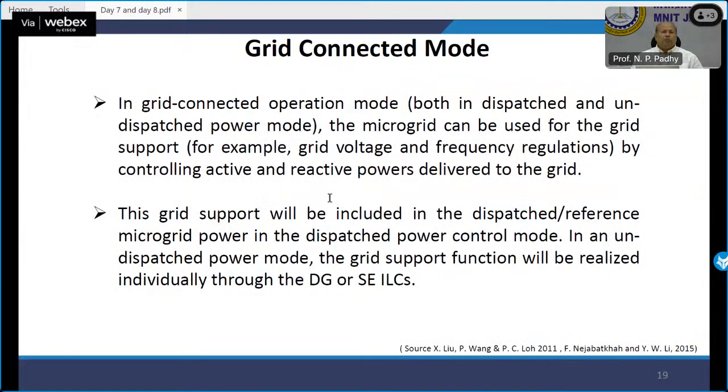Now in grid connected operation mode, that is both dispatched and undispatched power mode, the microgrid, meaning AC/DC microgrid, can be used for grid support, for example, grid voltage and frequency regulation by controlling active and reactive power delivered to the grid.